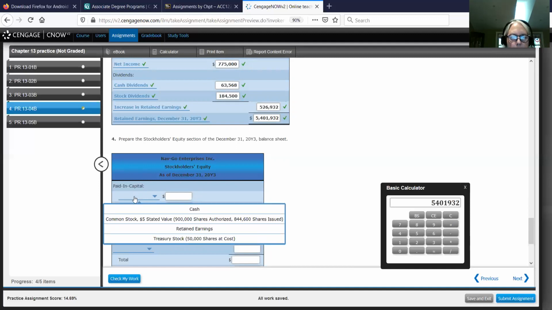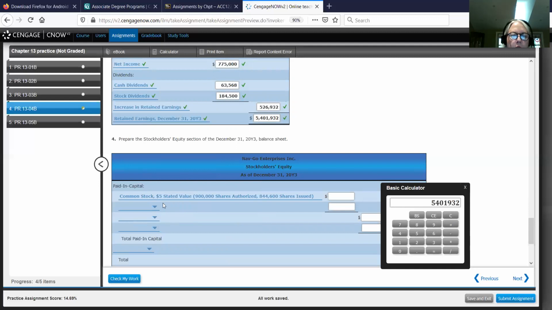But the first thing that we need to put in here is our common stock. Notice that on the balance sheet, the common stock has stated value, which does not change. The number of shares authorized will not change. That's how much they had available to sell when they started the corporation. But notice the shares issued are 844,600.